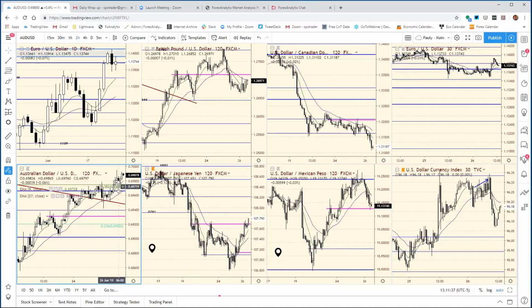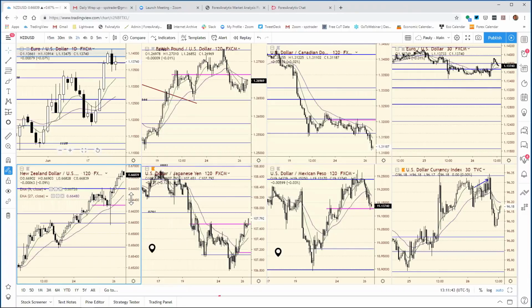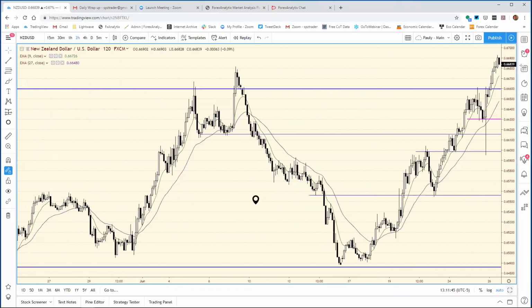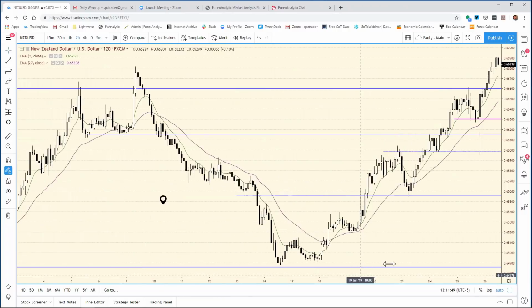The only other key mover we did have was the RBNZ yesterday, and really strange kind of action. But now we'll continue to push up, and the thought was that the RBNZ would hold, and that if they did hold, we could potentially get up to 67 cents.